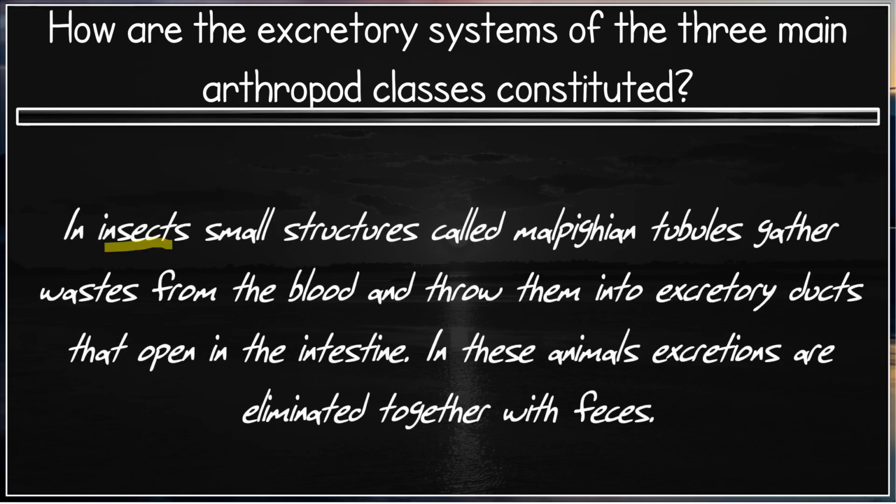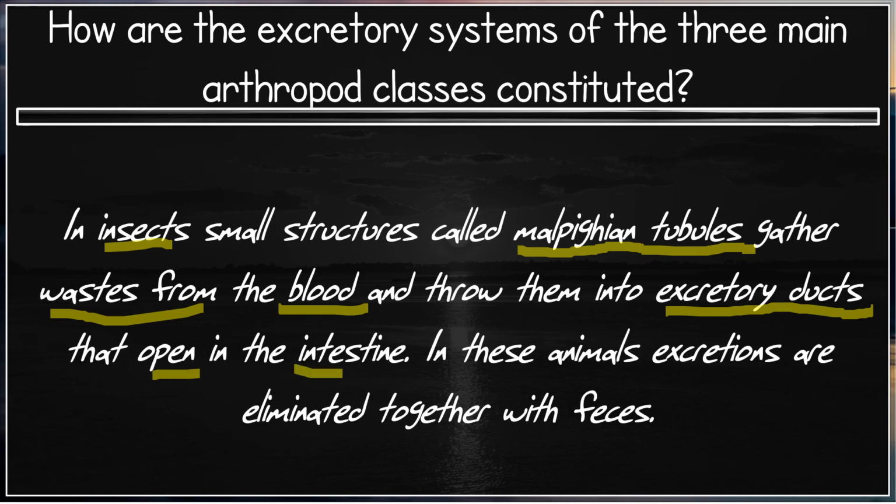In insects, small structures called Malpighian tubules gather wastes from the blood and throw them in the excretory ducts that open in the intestine. In these animals, excretions are eliminated together with the feces.